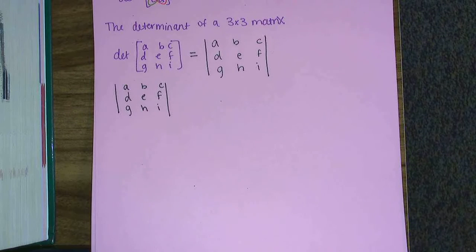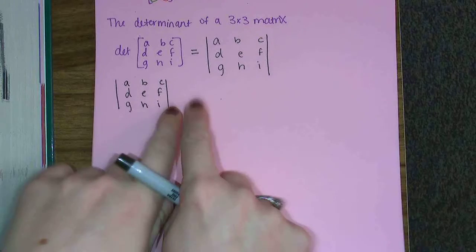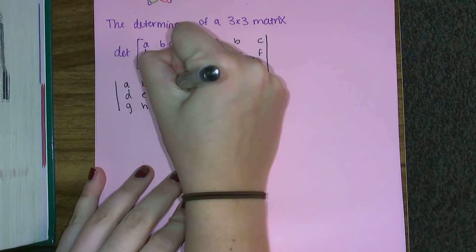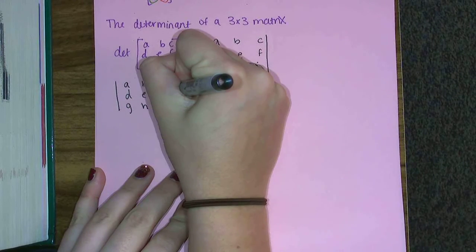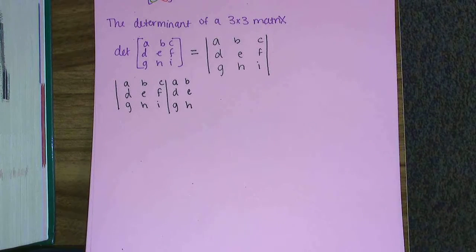Okay, so this is what you start with. Now, what you're going to do is copy these two columns side by side right here. So outside of it, you're going to have A, B, D, E, G, H. Okay, so now we're drawing diagonals.